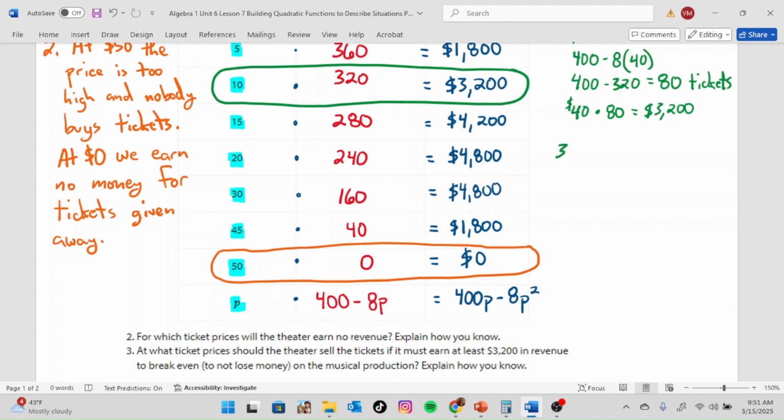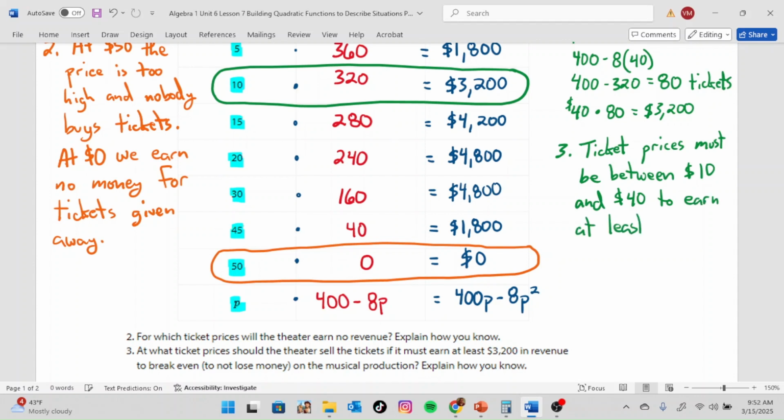So my answer for number 3 is that ticket prices must be between $10 and $40 to earn at least $3,200 in revenue.